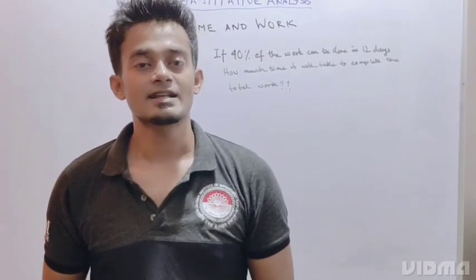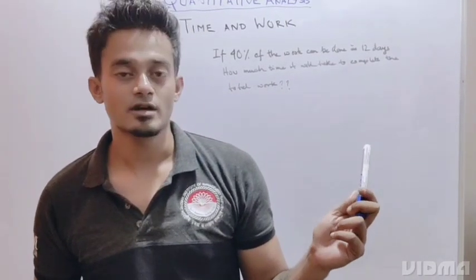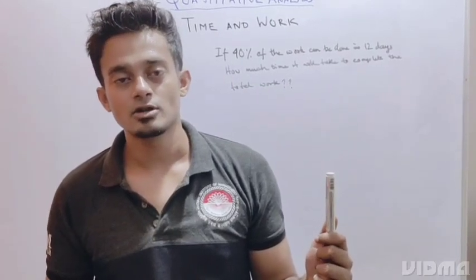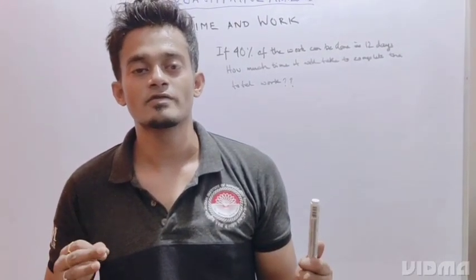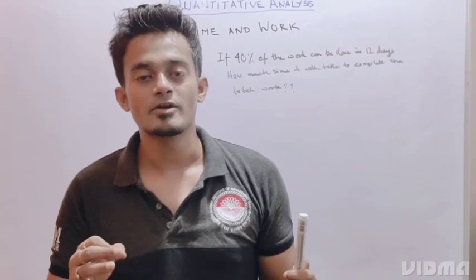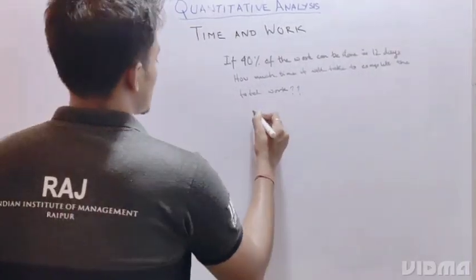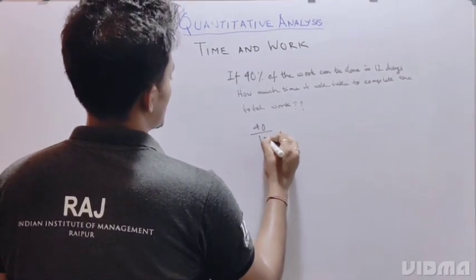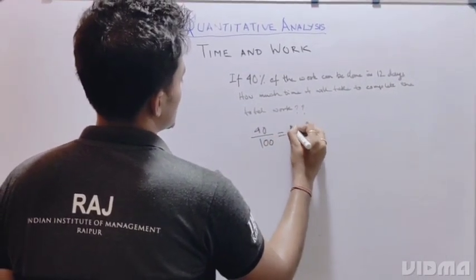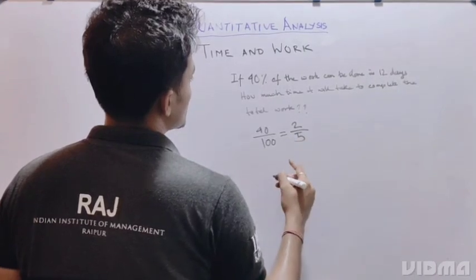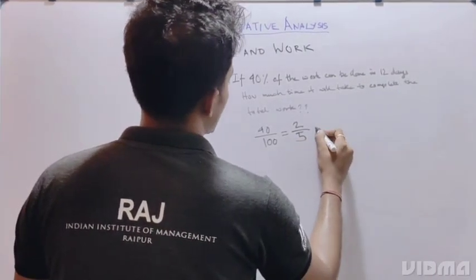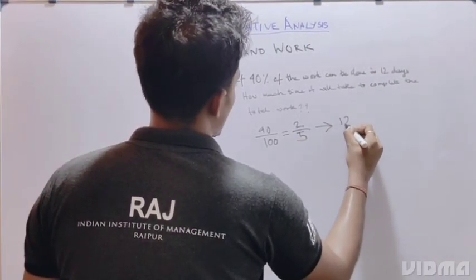Again in CAT, we have a different question now, but the same methodology. We are going to try to solve it with the minimum number of steps possible. So what do we have here? 40%. What is 40%? 40% is nothing but 2/5. So 2/5 of the work is done in 12 days.